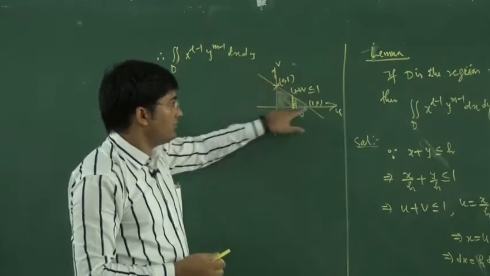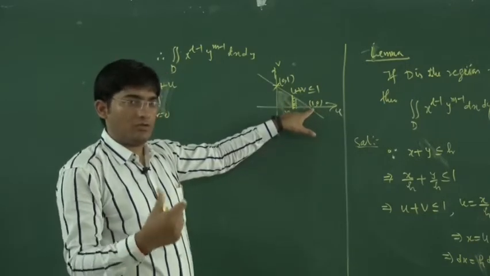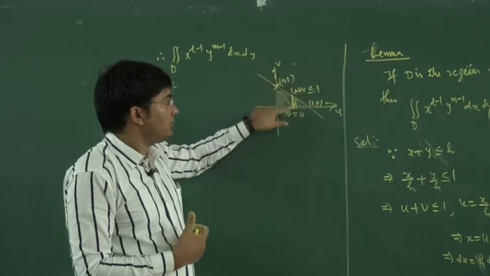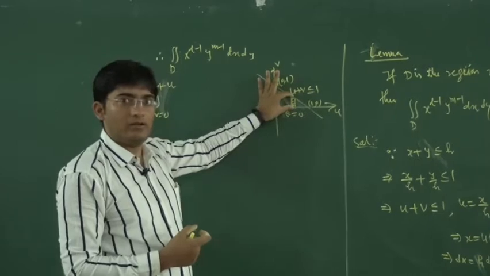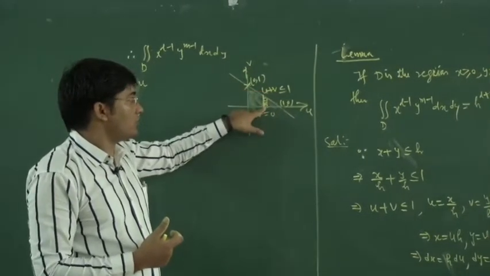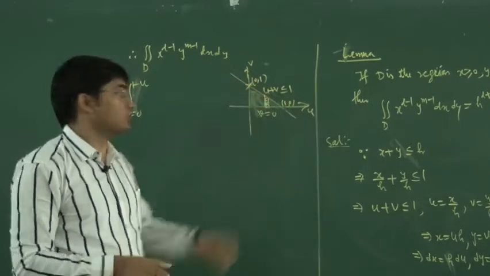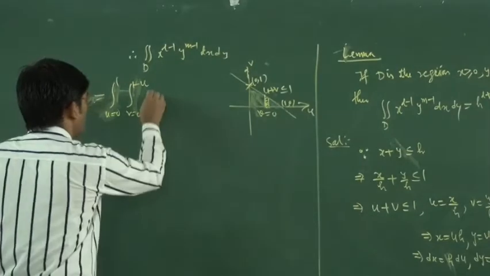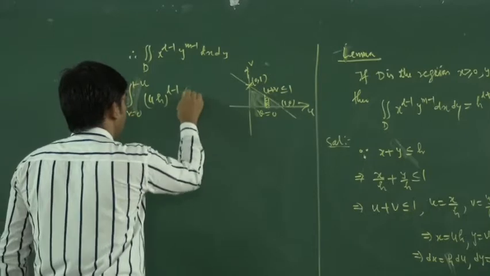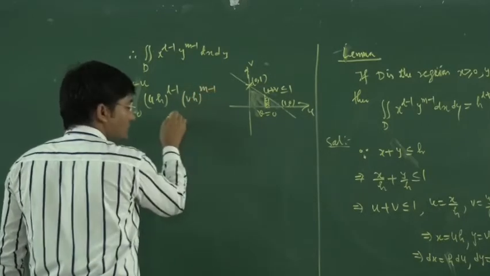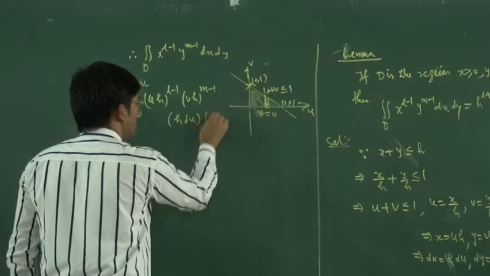Take the limit of u from 0 to 1, then for the limit of v, we take the lower limit and upper limit of this vertical strip. So here we will have v equal to 0, and if you take any point of this line, we will have v equal to 1 minus u, and put the values x equal to uh, y equal to vh, and then dx is equal to h du, and dy is h dv.